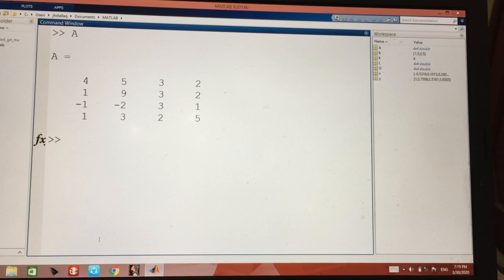This A is 4, 5, 3, 2, 1, 9, 3, 2, minus 1, minus 2, 3, 1, then 1, 3, 2, and 5. This is the matrix A. As you see it in MATLAB, this is A.